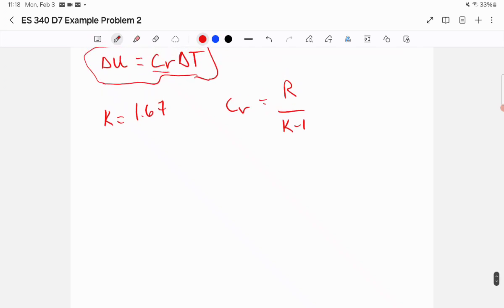So that means we need to find R for argon, which is actually 0.2082. Now, how could you find this?